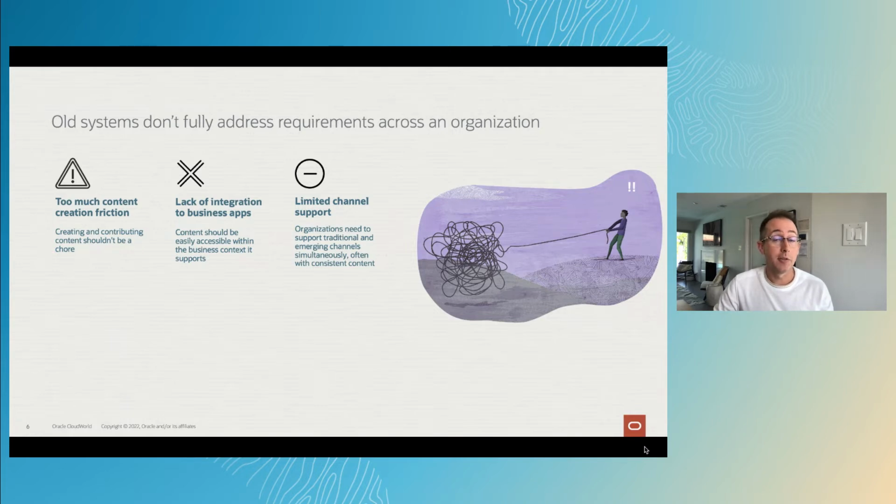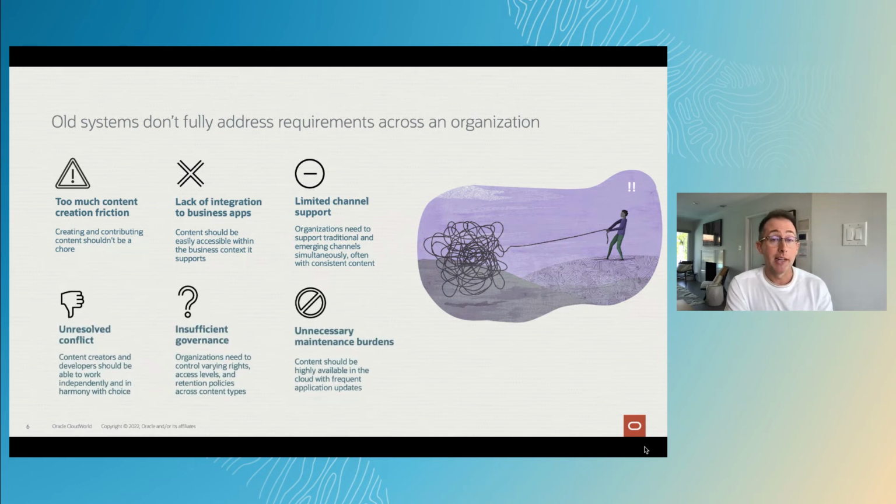And let's not forget about all of the different channels that organizations need to manage as well. Traditional channels, emerging channels, all of that content needs to be consistent across channels. And again, a lot of older content management systems aren't designed to meet newer channel requirements. And then somebody goes out and buys another content system.